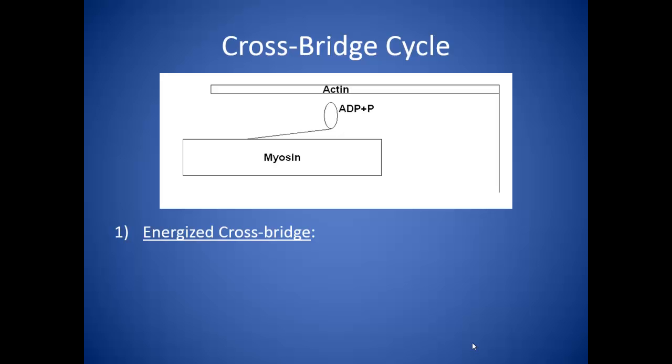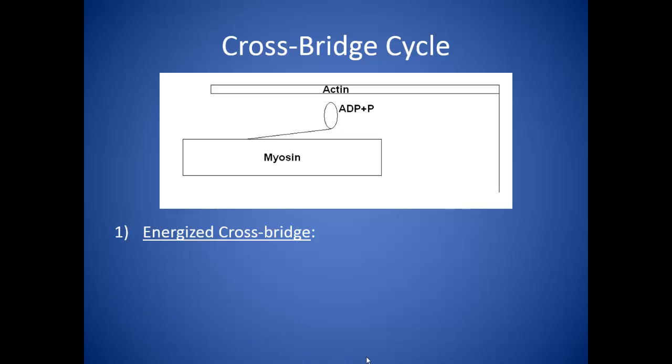We've talked before about how ATP, which is short for adenosine triphosphate, is the main source of energy in cells. Well, what you see here in this diagram is not ATP, but ADP.